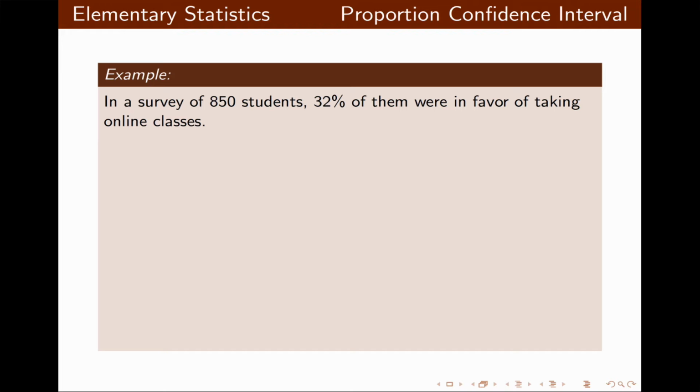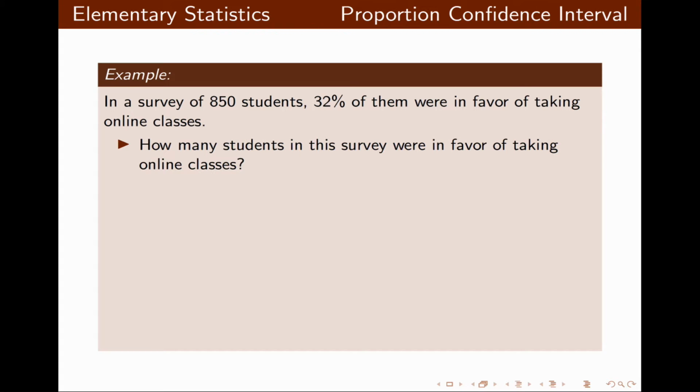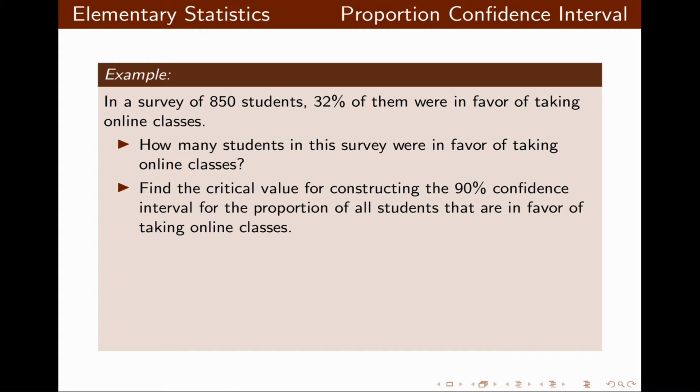In a survey of 850 students, 32% of them were in favor of taking online classes. We want to know how many students were in favor of taking online classes. We want to find the critical value for constructing a 90% confidence interval.